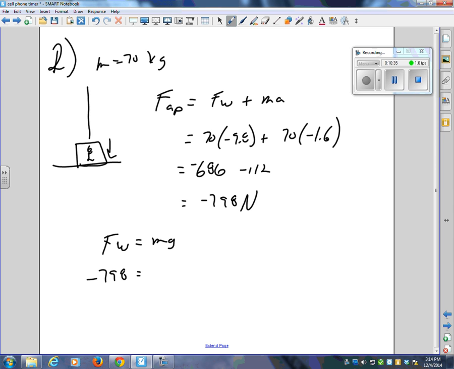You're solving for the mass. Does his mass actually change? No, it's just fooling the scale. And you get 81.4 kilograms, which I saw several groups get.